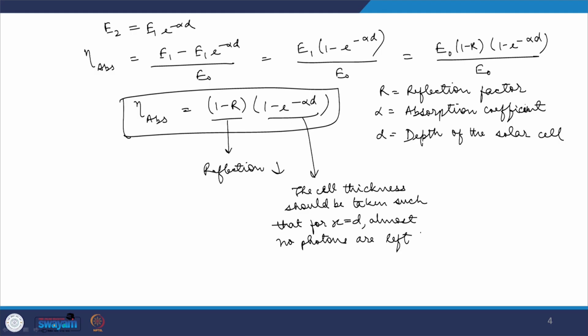However, there is the concept of back surface field also, which increases the productivity of the bottom layer of the solar cell. So, overall a judicious choice of the depth of the solar cell needs to be made, taking all these factors into account. So, that is the concept of absorption efficiency. Now, a related concept is the concept of quantum efficiency. So, let us look at that particular concept as well.